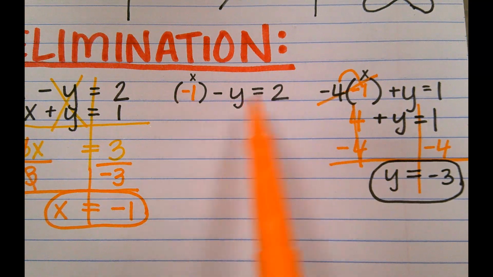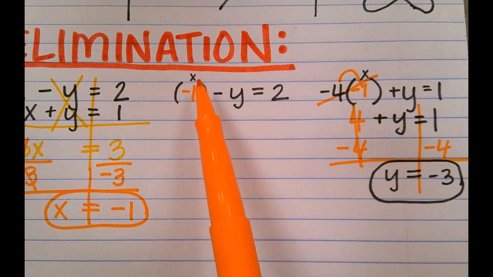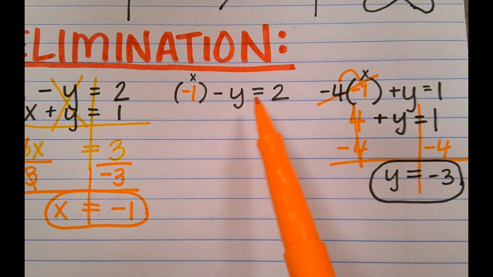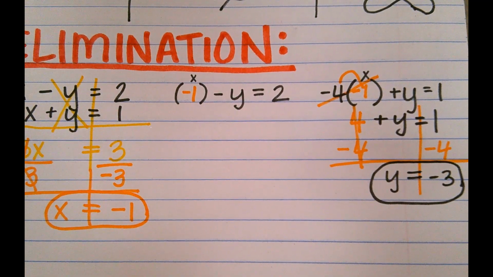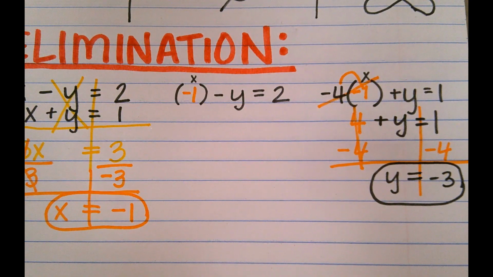So now on my first equation, I plugged in my x value that was -1. I replaced x with -1. So now I have -1 minus y equals 2. What could I do here? Add 1 on both sides. Add 1 on both sides? -1, take away 1?